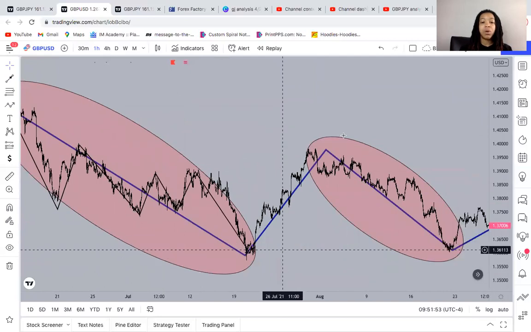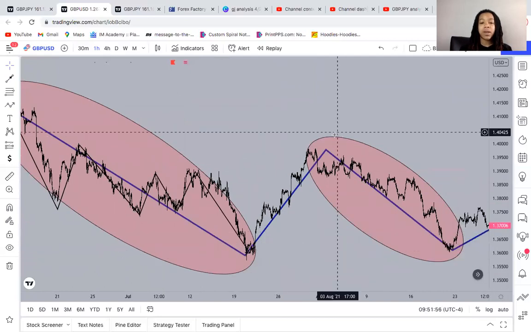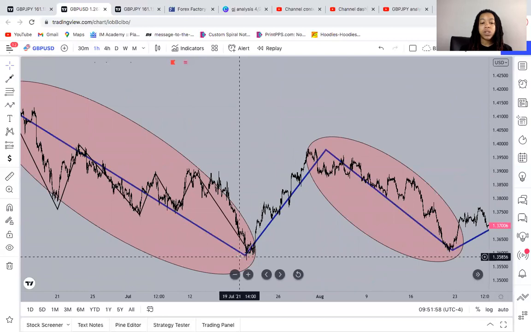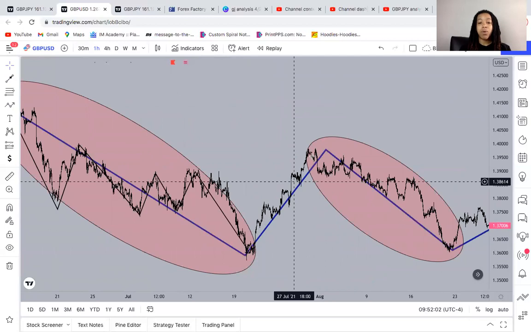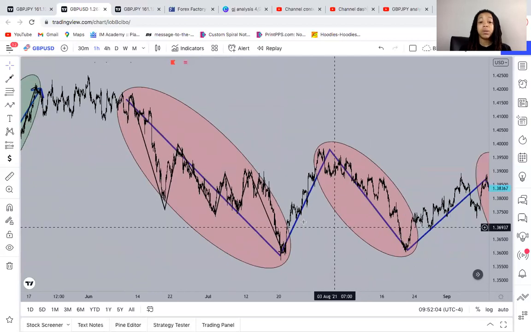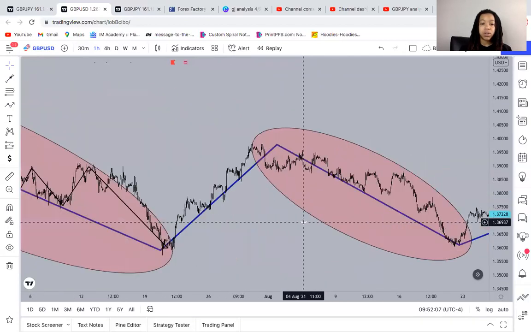Let's take a look at this pullback move that happened here. Now we have price reach its lowest point that it wanted to go to, and now we start seeing it do that pullback, or up trending. Let's take a look at that uptrend.